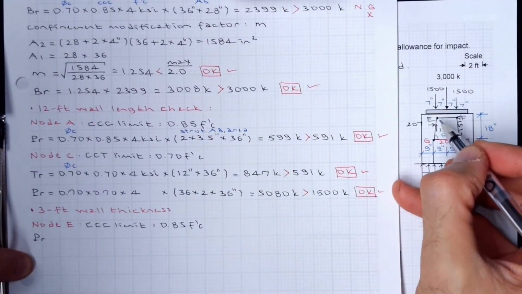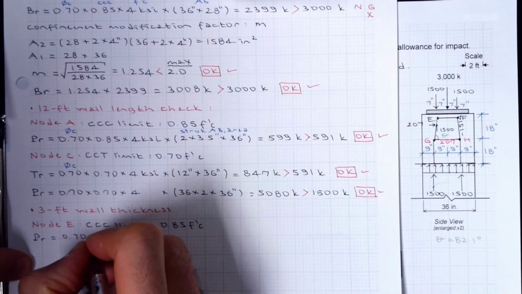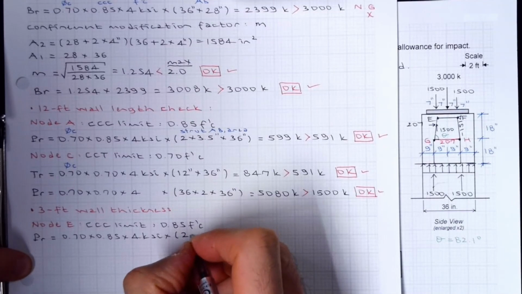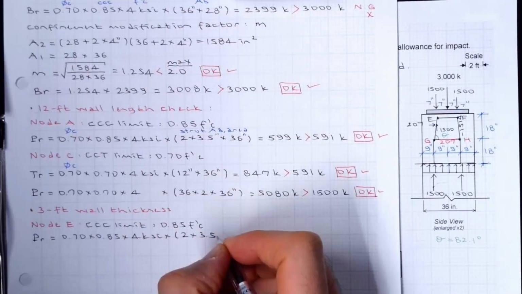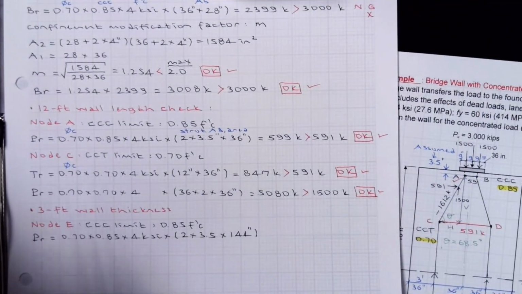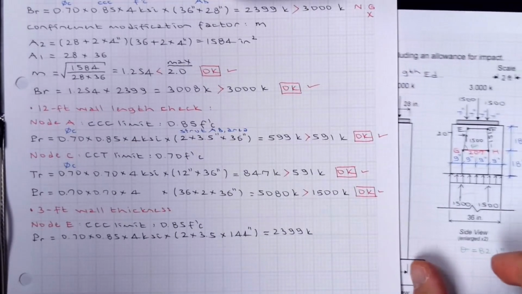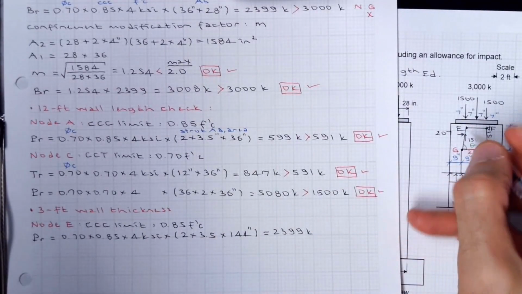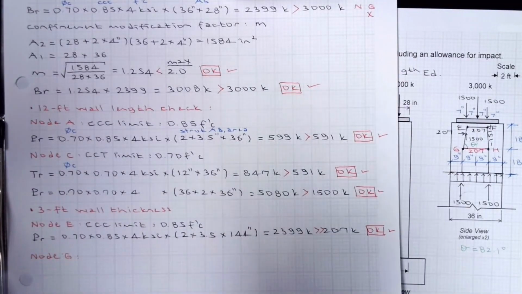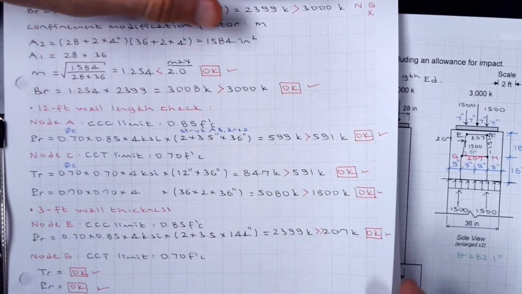What I'm checking, strut EF, compressive capacity: 0.70 times 0.85 times 4 ksi, times 2 times 3.5 inches times 144. 12 times 12 is 144. So that's the thickness, 2399 kips. But what we have is 207. Node G would pass with no issues, so I'm not going to check that. Step number 3 is completed.